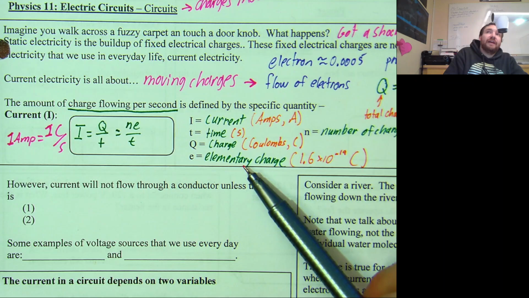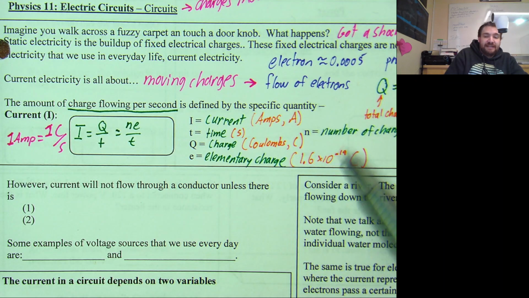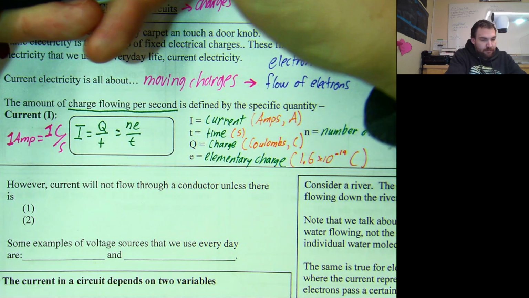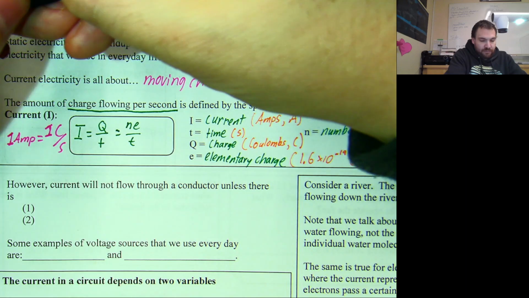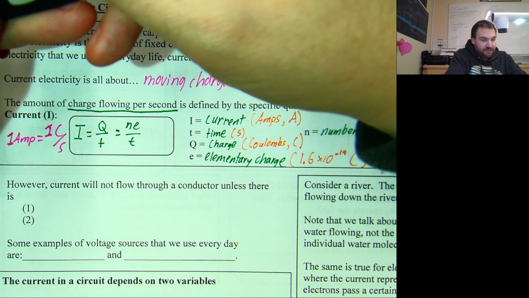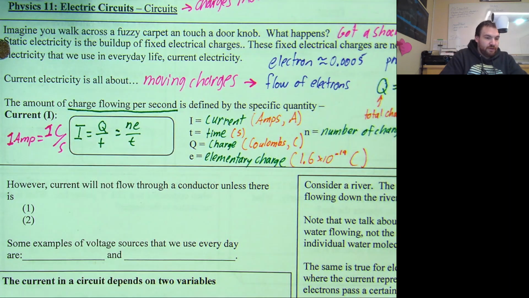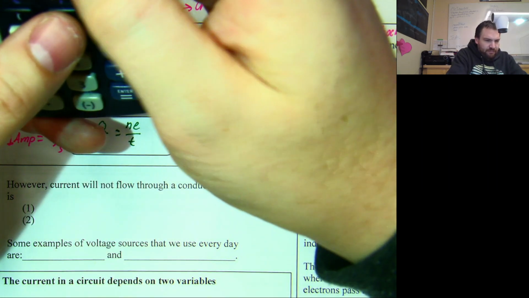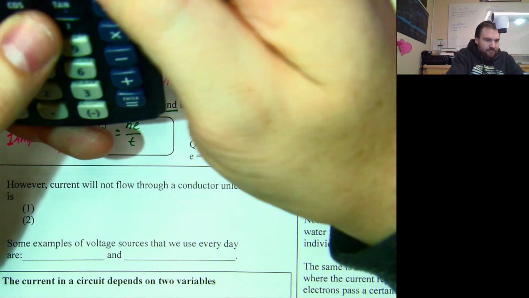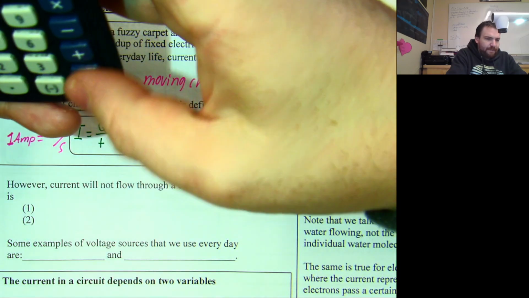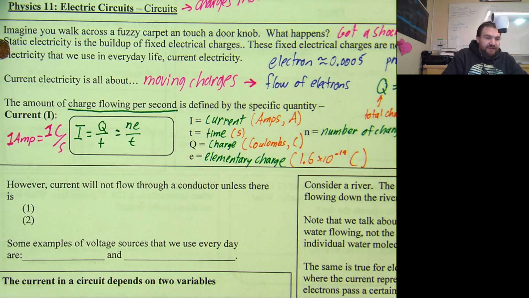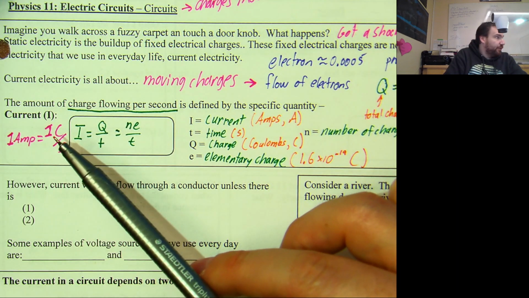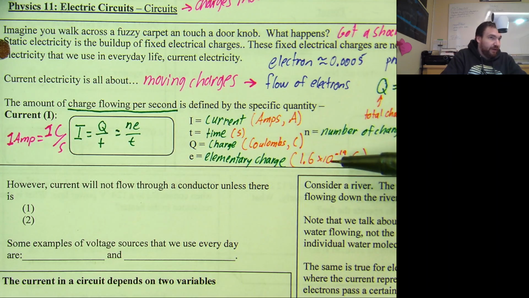A single electron has a charge of 1.6 times 10 to the negative 19. So what you actually have here is 6.25 times 10 to the 18 electrons make up a single coulomb. So there's tons of electrons flowing here.